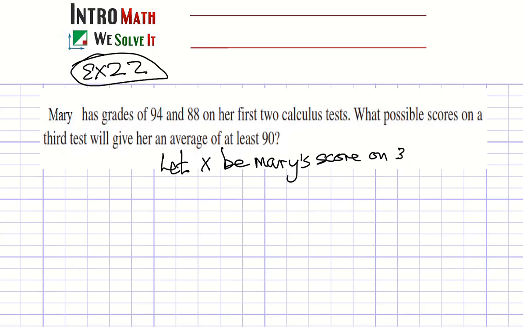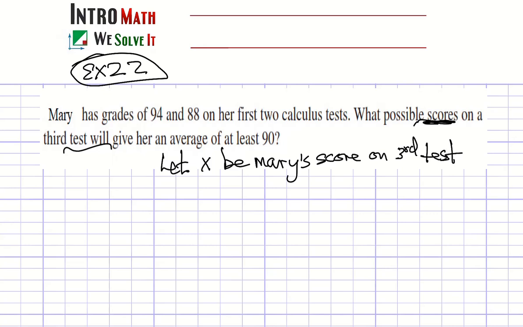So that's what you're looking for, because you're looking for the possible score on the third test that will give her an average of 90.